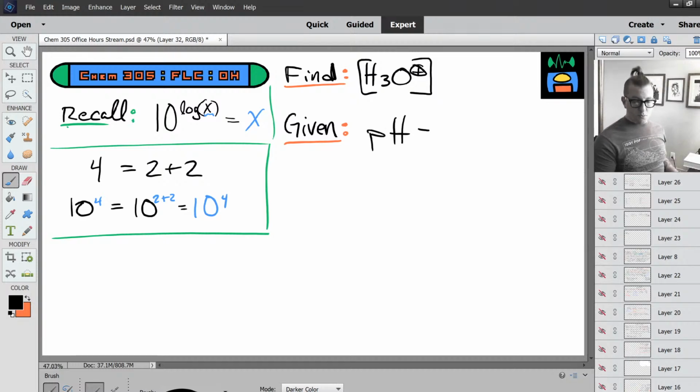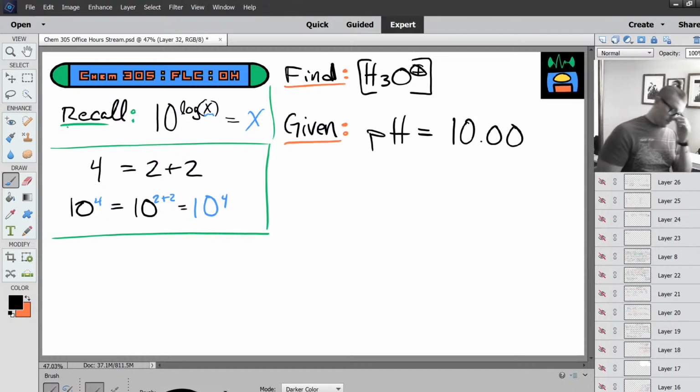So the pH of soap before water was added was 10.00. Now, anytime you're given a value that has an equation that goes along with it, you automatically want to write that equation. And pH is one of those things.